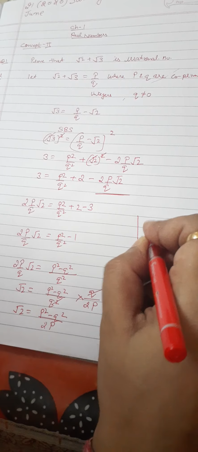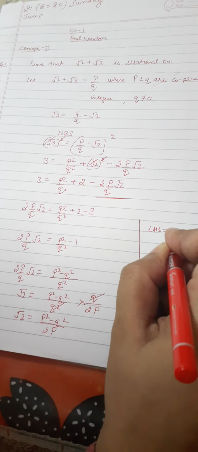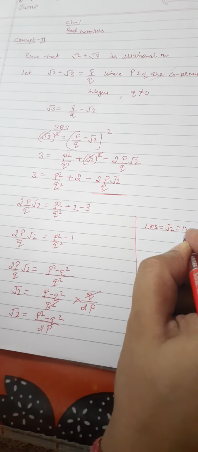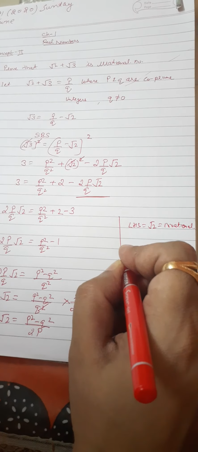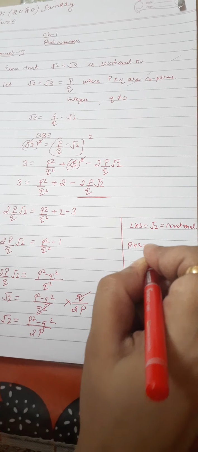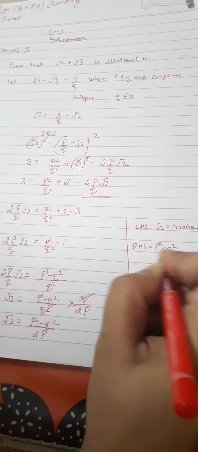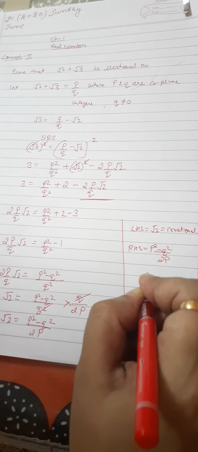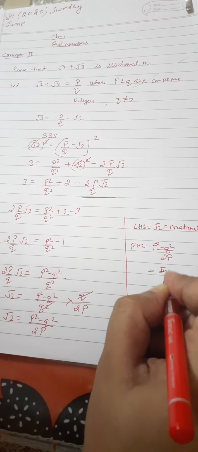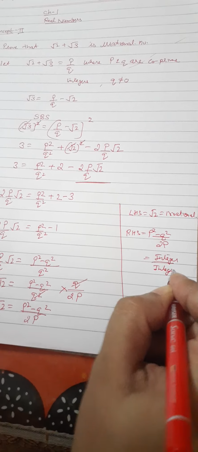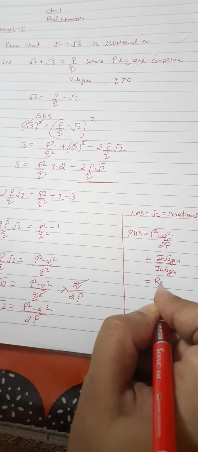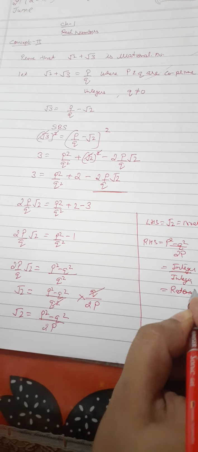Now on the left hand side you have under root 2, and we know that it is irrational. And on the right hand side we have p square minus q square upon 2p, which is integer upon integer, and we know integer upon integer is a rational number.